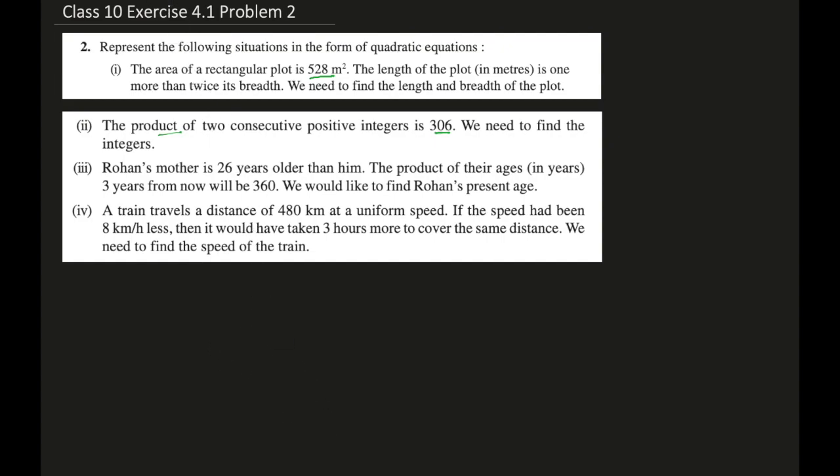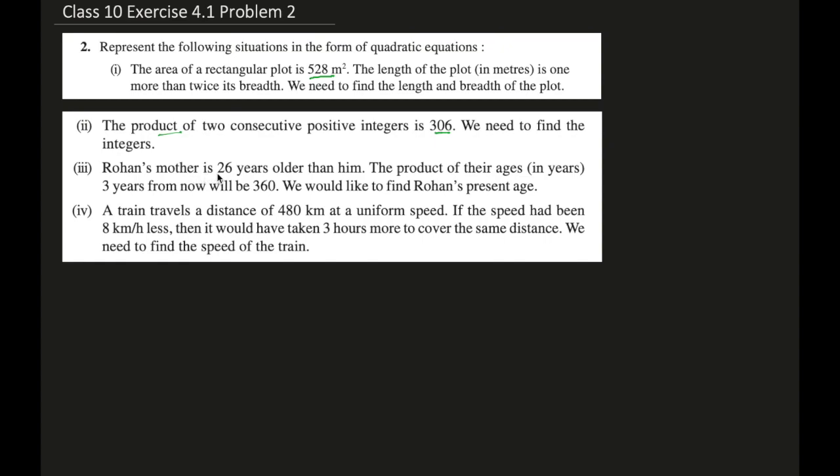Now let us move on to our third question. Rohan's mother is 26 years older than him. The product of their ages in 3 years from now will be 360. We would like to find Rohan's present age. So two statements are here.